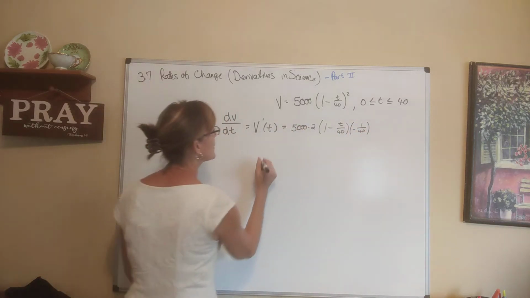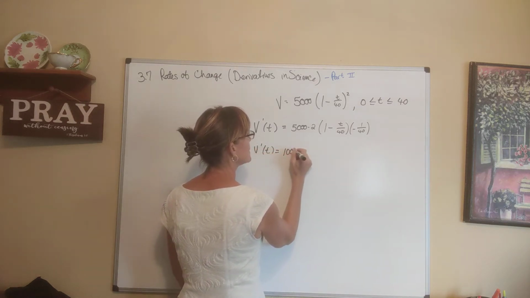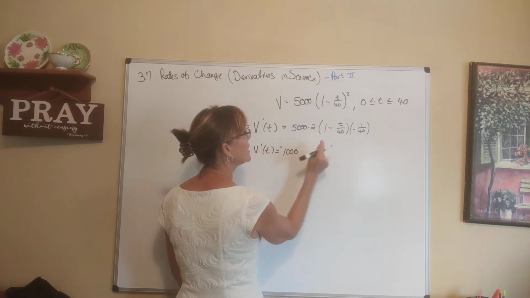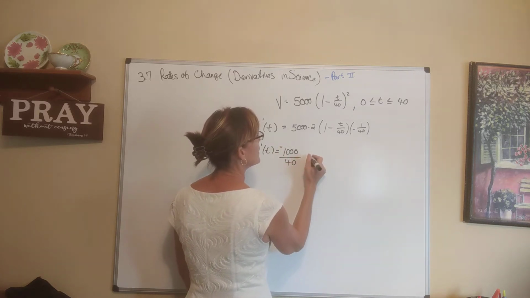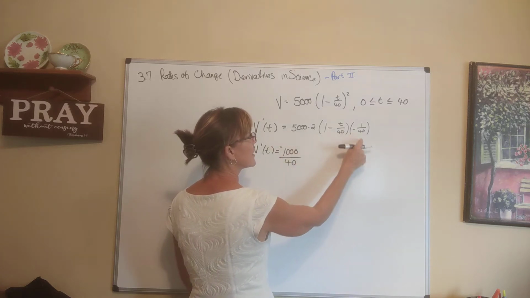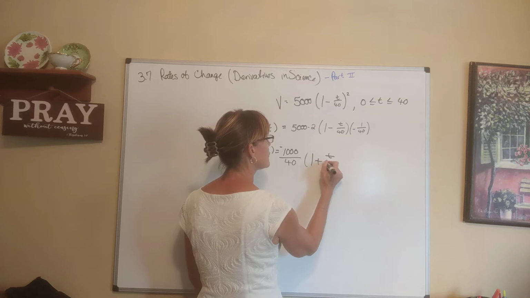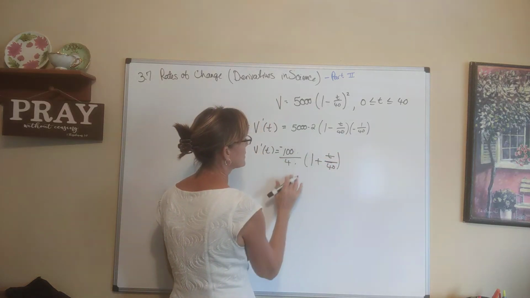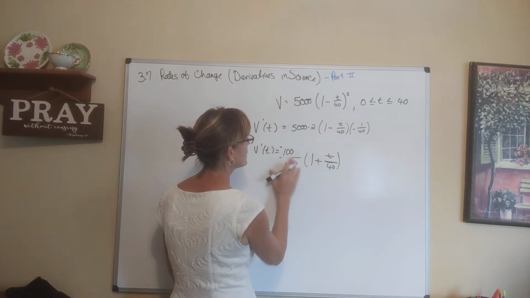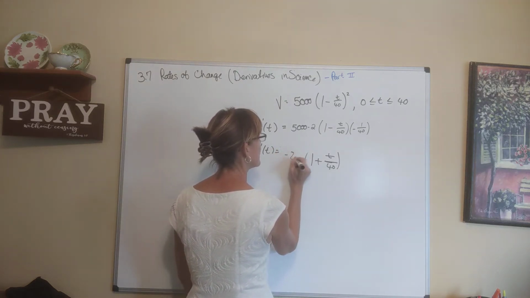We can clean it up a bit. V prime of t is negative 1,000 over 40 times (1 minus t over 40). I could knock out a 0. 4 goes into 125, so this is negative 25 basically.